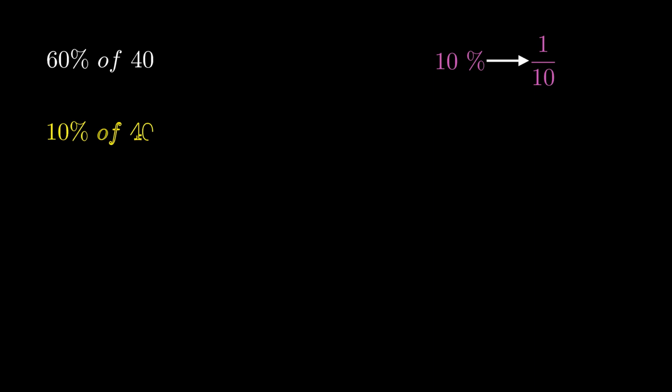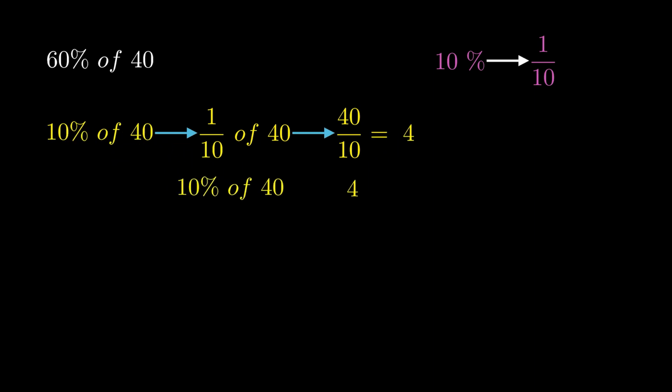Now let's try another example. Let's say I want to find out what is 60% of 40. What will I do? I'll fall back to the basic identity, that is 10%. What is 10% of 40? We can do it very easily. Divide by 10. And dividing by 10 is nothing but removing that extra 0, or moving the decimal point to the left by 1 position. 10% of 40 is 4.